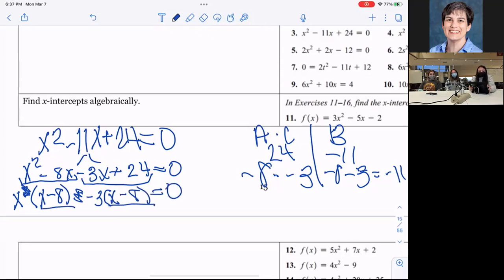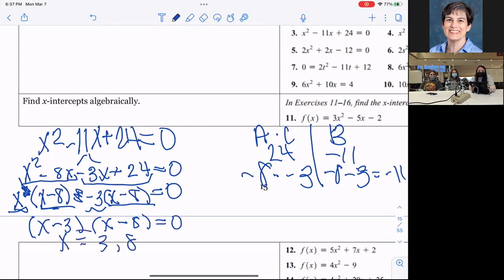These two match, so it'll be x minus 3 and x minus 8 equals 0. You'll be left with x equals positive 3 and positive 8. And that is your answer.